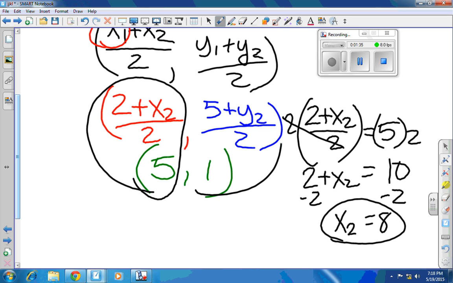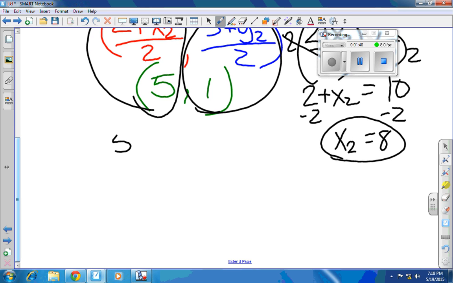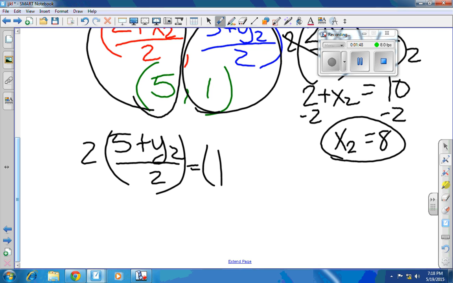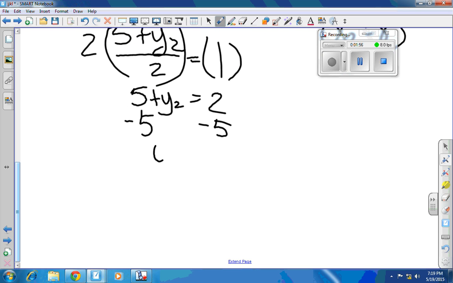Now I can write my other equation. (5 plus y2) divided by 2 needs to equal 1. I multiply both sides by 2. Then I subtract 5 from each side, and I get y2 is equal to negative 3.